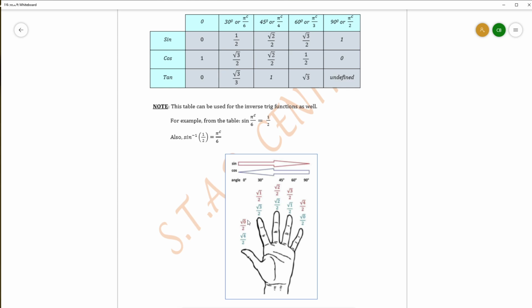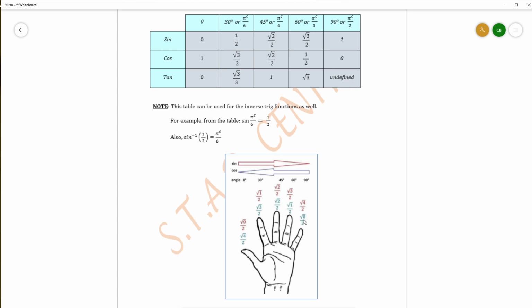Now obviously we know that the square root of 0 is just 0, square root of 1 is just 1, and so on. But the reason it's written this way is so that you can remember the pattern: square roots in the numerator, 2's in all the denominators, and in the square roots we have 0, 1, 2, 3, 4. Similarly, cos goes in the reverse direction from the little finger backwards to the thumb, and the values here are written in blue.